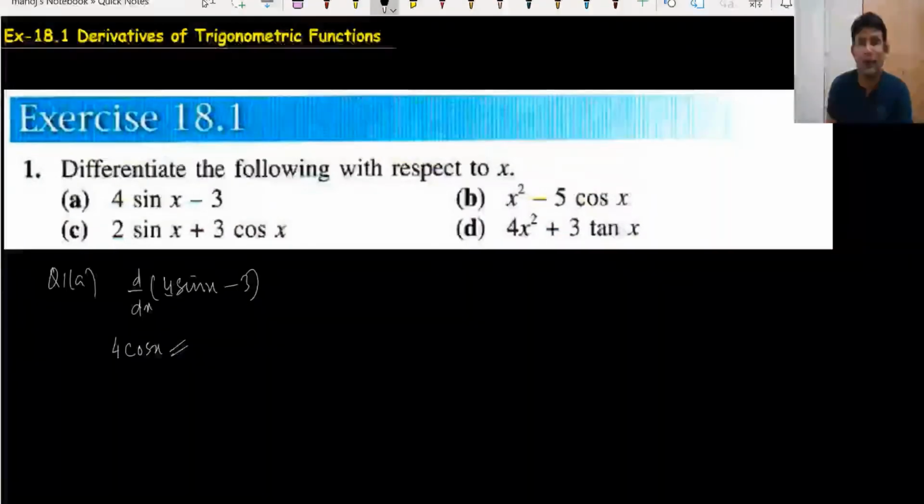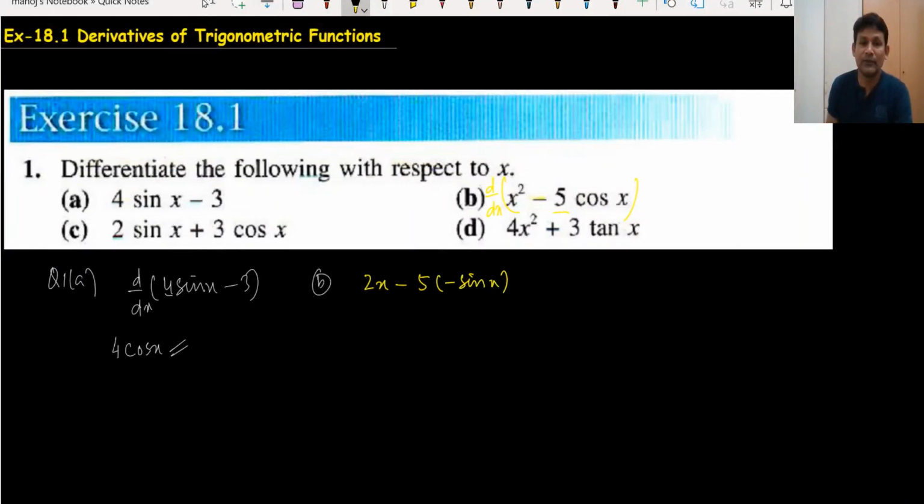When you move to the b part, writing d upon dx directly, the differentiation of x squared is 2x, minus 5 differentiation. Normally we do not apply the differentiation on the constant term. So cos x differentiation is minus sin x.